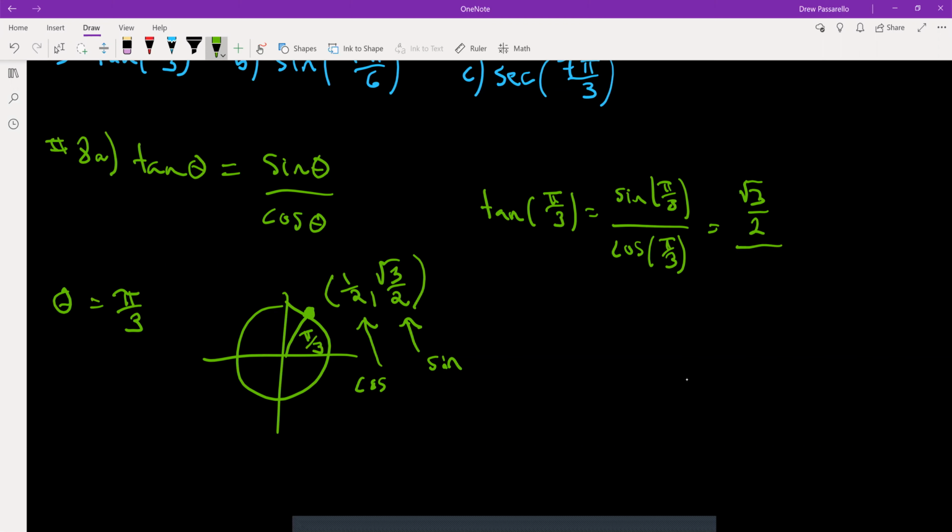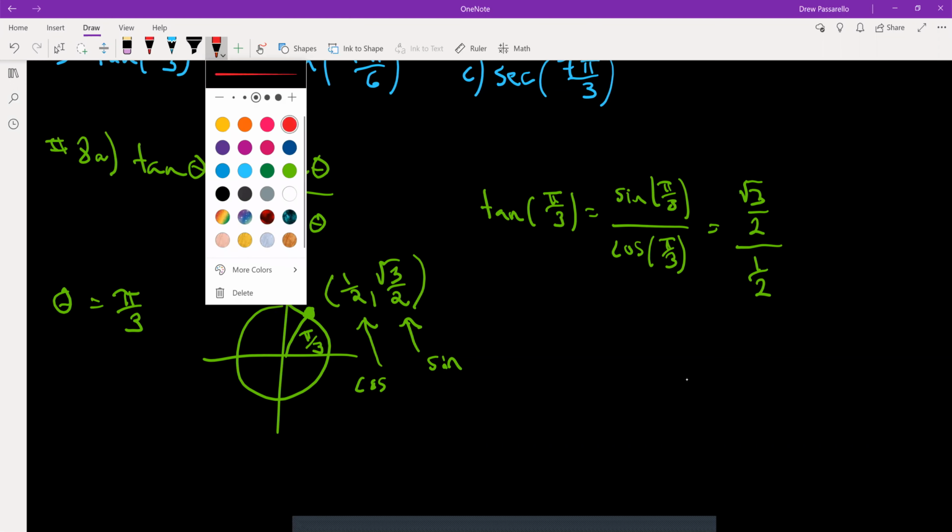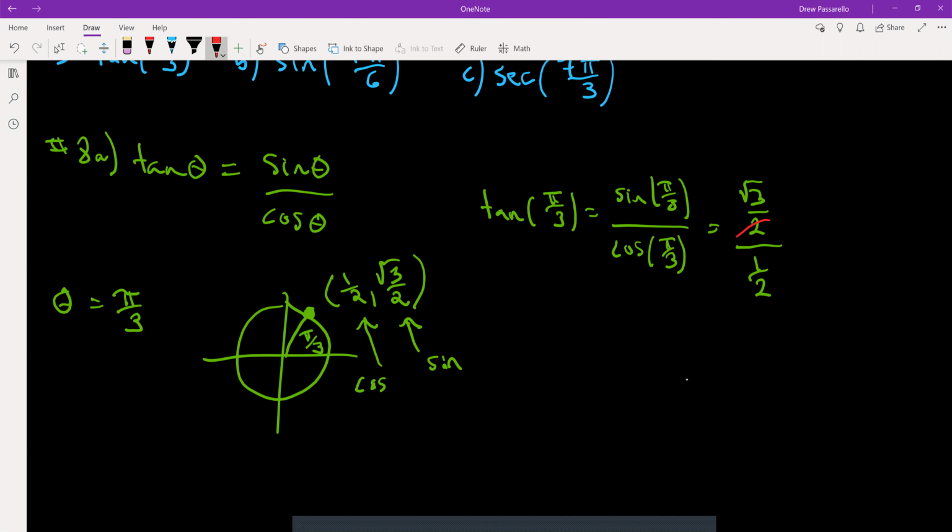Cosine of pi over 3 is 1/2. Square root of 3 over 2 divided by 1/2, these 2's divide out, so you have square root of 3 over 1, which is square root of 3. So the answer is square root of 3.